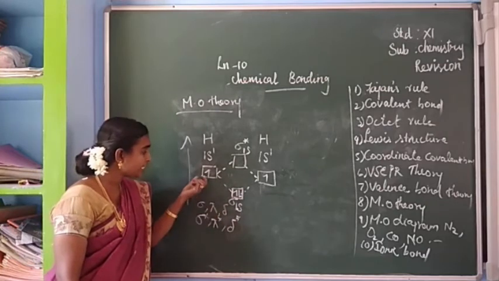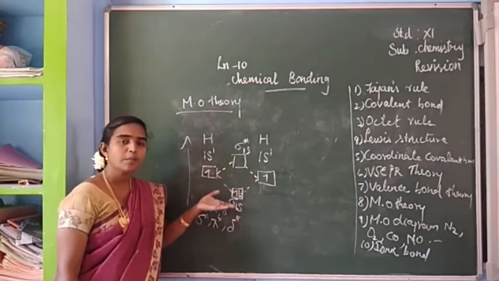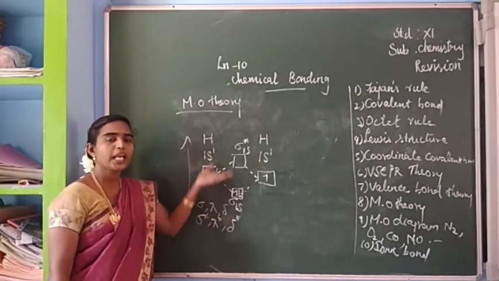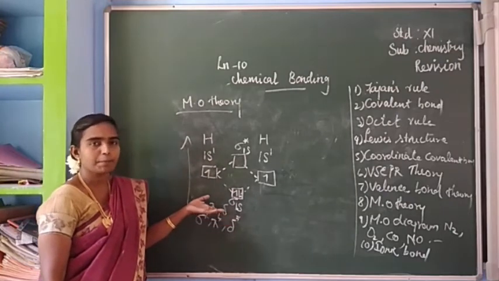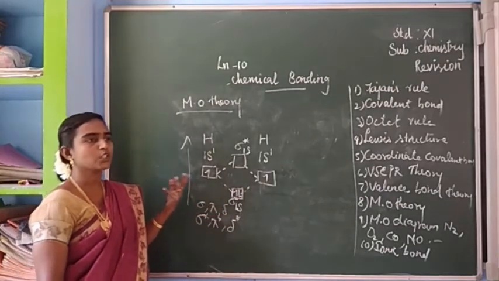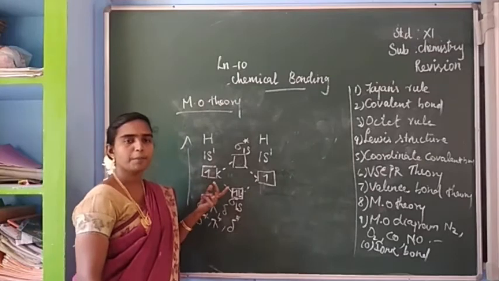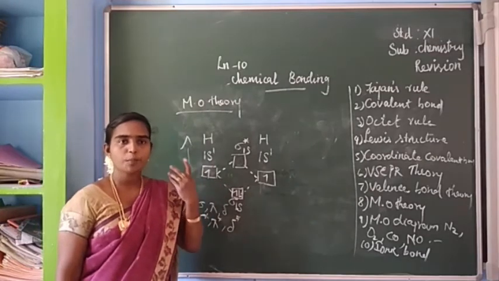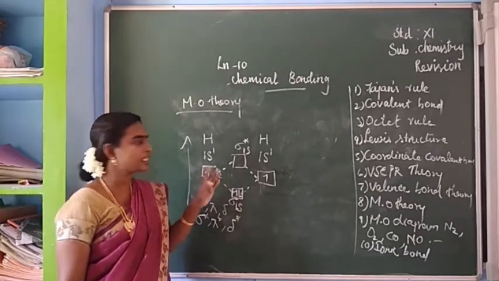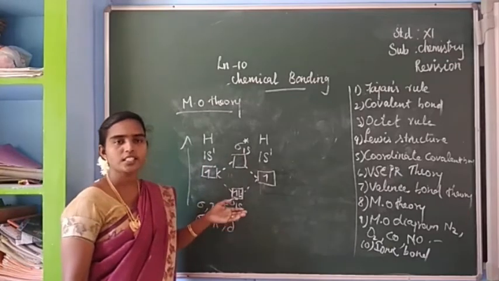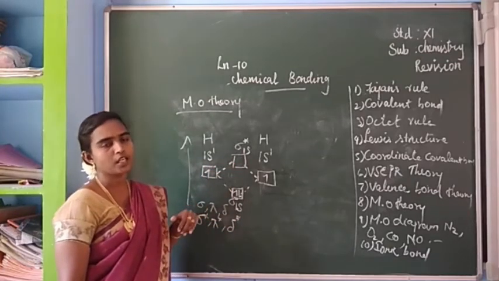In the same way as atomic orbitals, in molecular orbitals also, electron filling depends on Pauli's exclusion principle, Aufbau principle and Hund's rule. So by using these three principles, we can fill the electrons in molecular orbitals also.